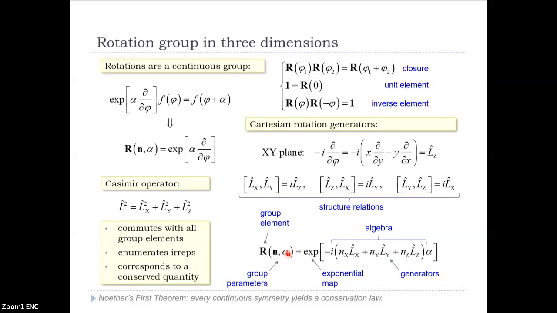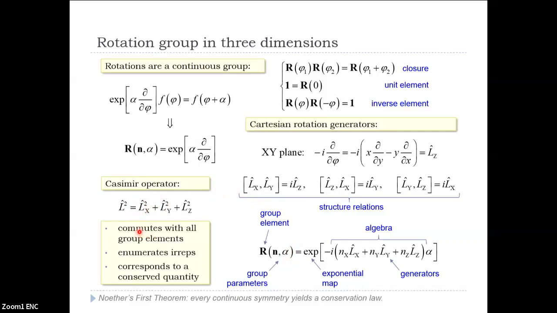And then every group has an associated invariant, or more. In fact, the rotation group only has one. It's called the Casimir operator, and this is the sum of squares of all the generators. And this is your usual total momentum, or in the case of spin, the total spin. It has a special status. It doesn't actually even belong to the Lie group itself.